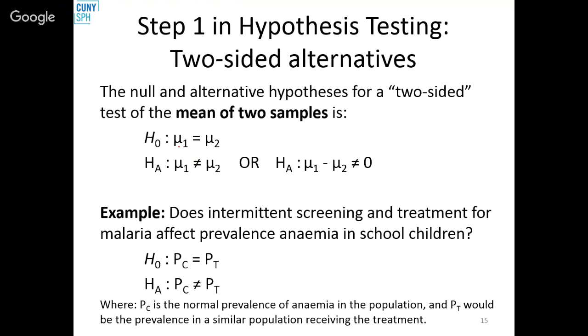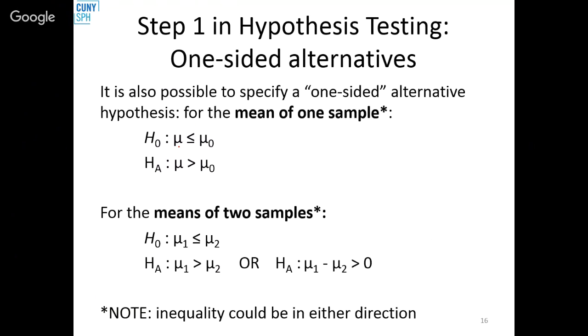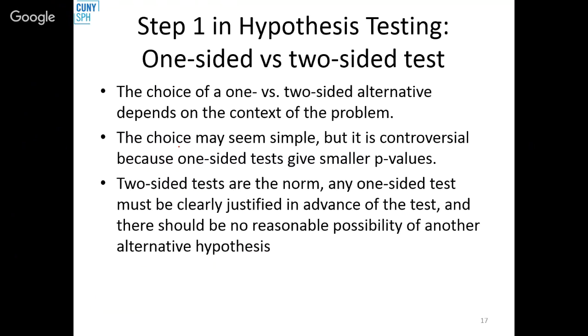And if you're using a one-sided alternative, then you're twice as likely to reject the null hypothesis as long as your statistic is on that right side. So it makes it easier in general to reject your null hypothesis. And that is one of the reasons why it's almost never used, and many journals won't even accept the one-sided alternative test.